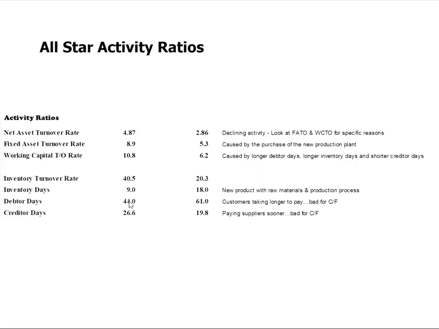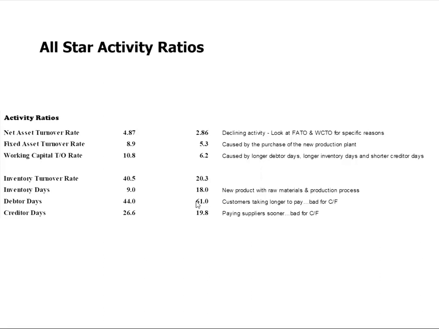The debtor days, I hope you recognize the number of 44, because that was given in the story as part of the first year 2017 brief. And what's happened by the second year is we realize that our customers are taking longer to pay us. That's primarily because of the contract with the NGO to supply mattresses.